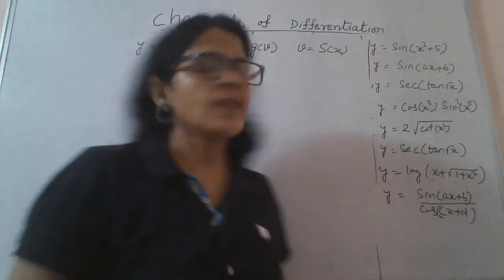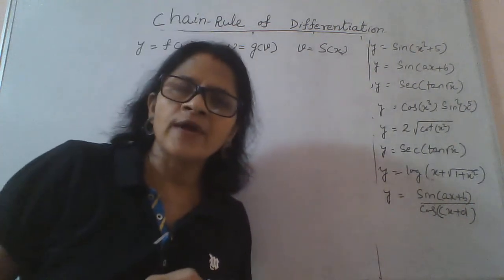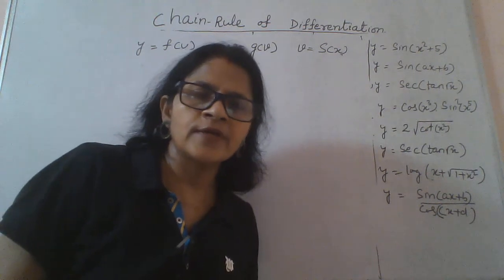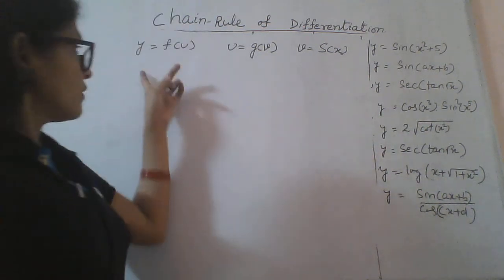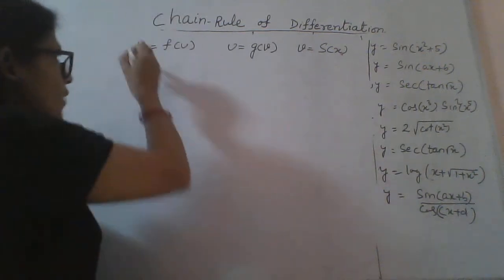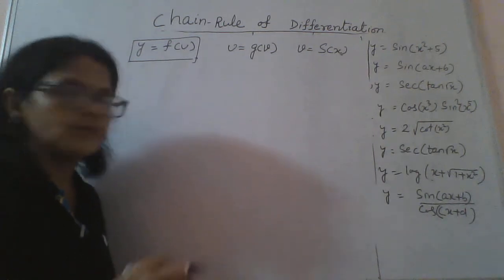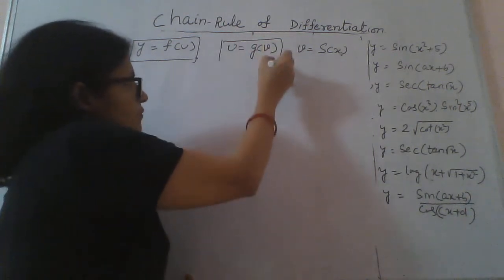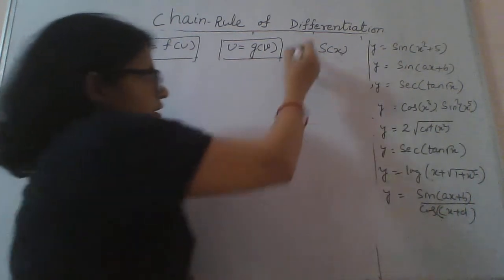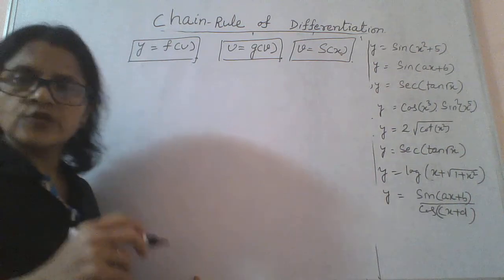So here you see, the significance of chain rule, why the name is like this, because no name is without any reason, right? So here you see y equal to f(u). I have taken here y equal to f(u), means y is a function of u. u equal to g(v) means u is a function of v. v equal to s(x) means v is a function of x.